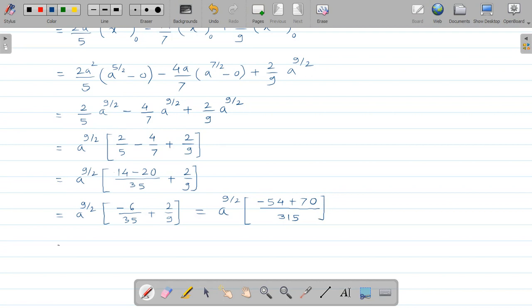And hence finally you will get a raised to 9 by 2 into 70 minus 54, that is equal to 16 upon 315. So this will be the last answer, or you can rewrite this as 16 upon 315 into a raised to 9 by 2. So this is our final answer.